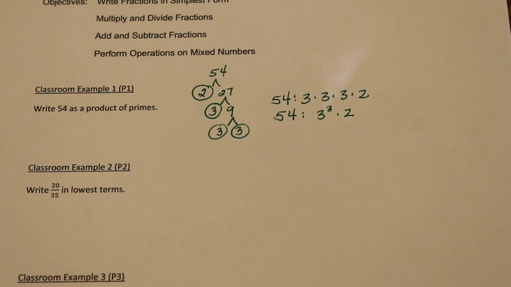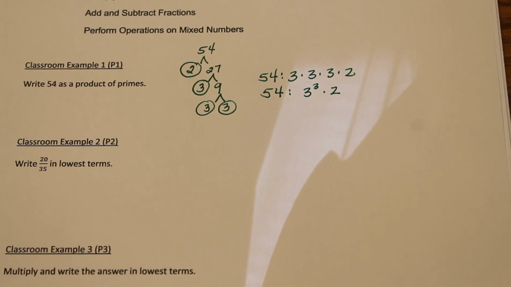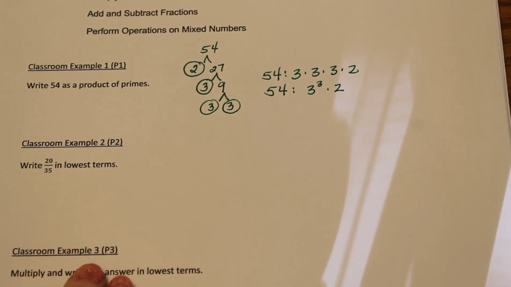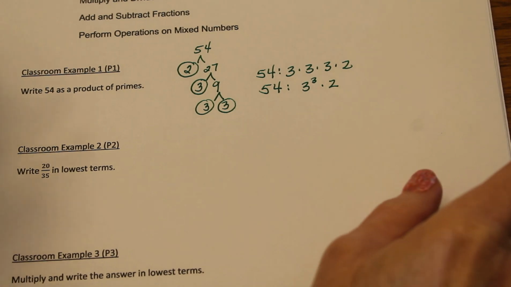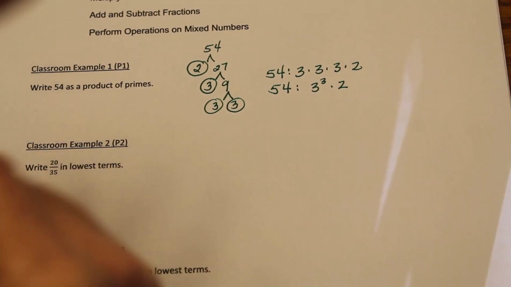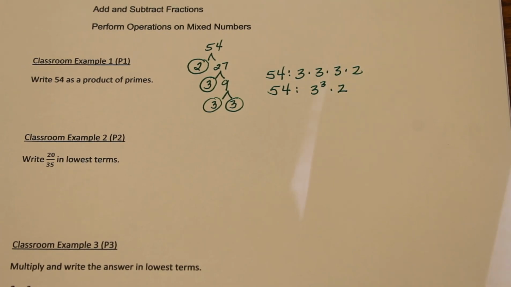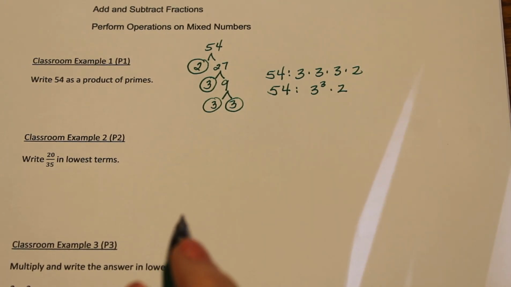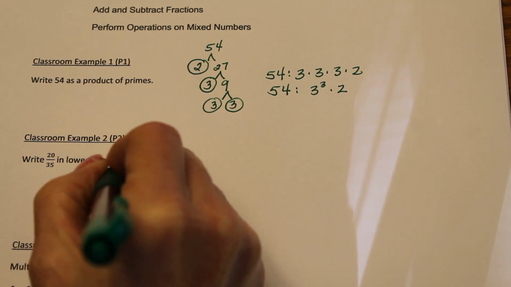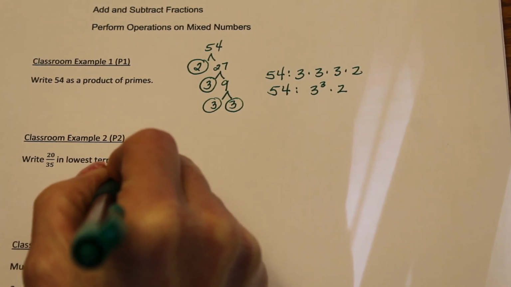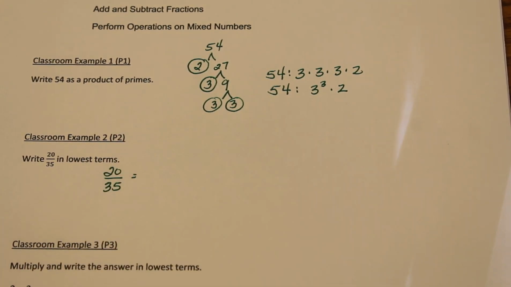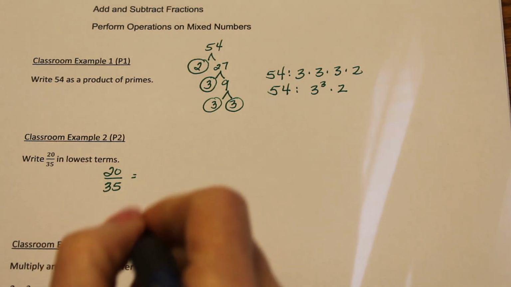All right, so let's continue with example 2. So if I have the fraction 20 over 35, 20 is in the numerator and 35 is in the denominator, and I want to write that in lowest terms, what I'm going to do is rewrite the numerator as the product of two numbers.